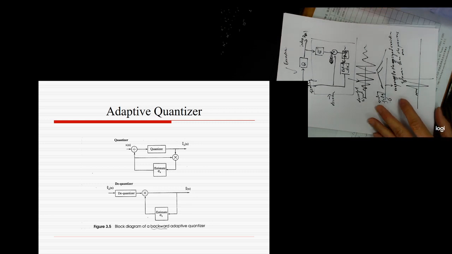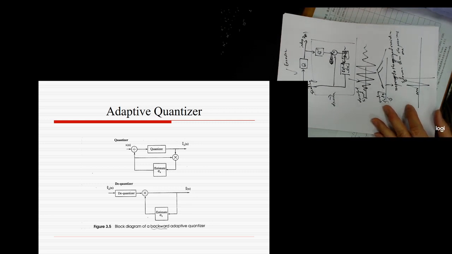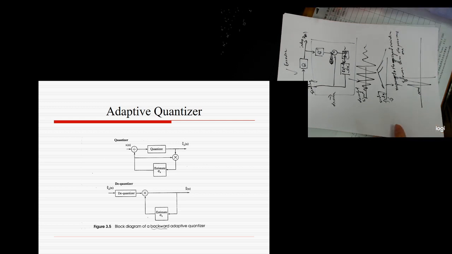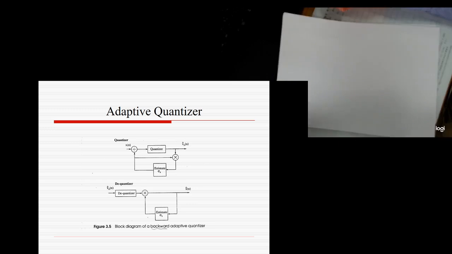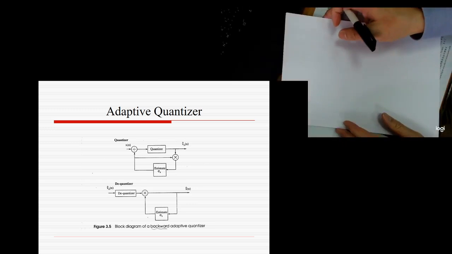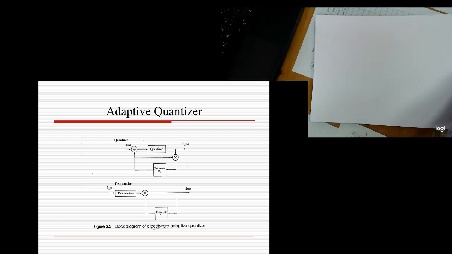There is no encoding bit rate, no additional overhead. Okay, so you have to know what forward adaptive and backward adaptive are.